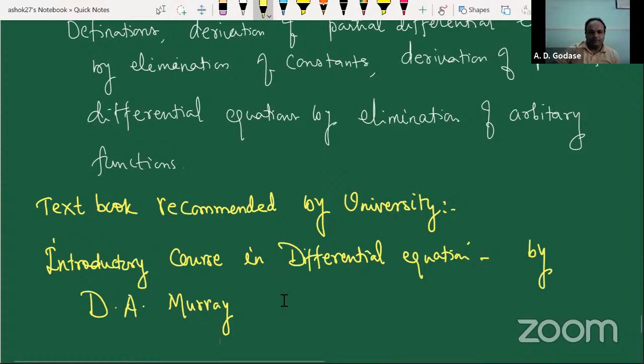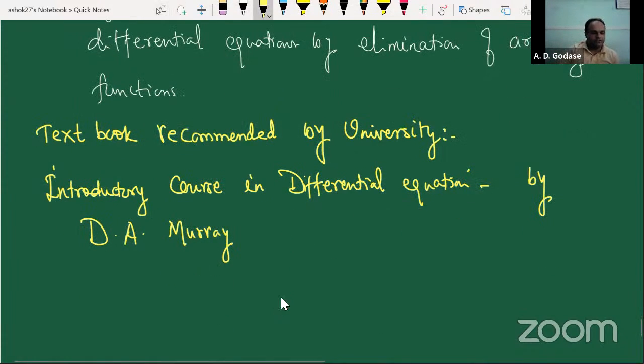And its publication is Khosla Publishing House, New Delhi. Actually, it is the Indian edition.